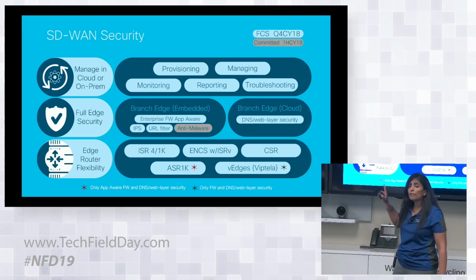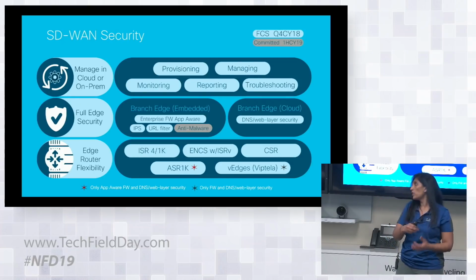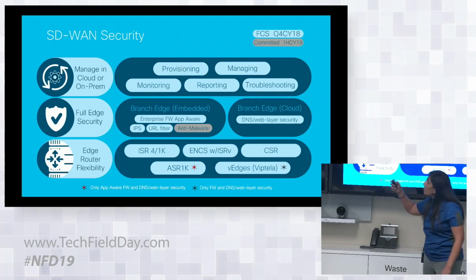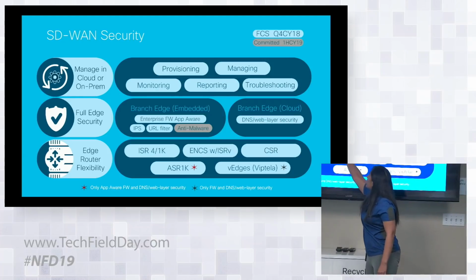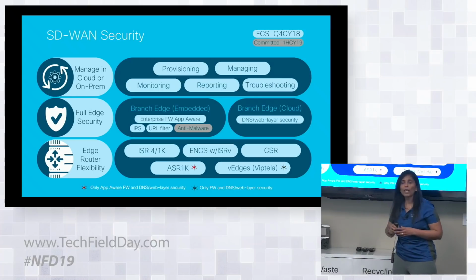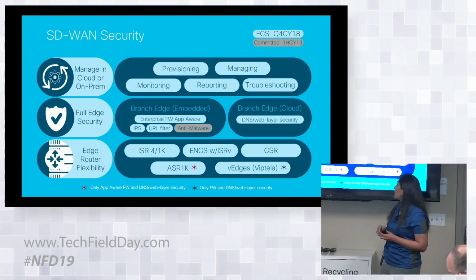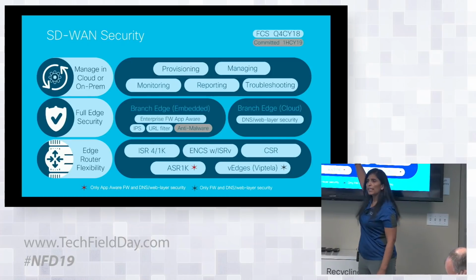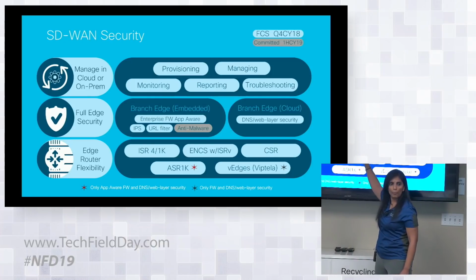Now, the security features, the embedded on-box features, I call them out. I don't have a laser pointer, but what you see in this bubble, that's the enterprise firewall that's application aware, IPS, URL filtering, and advanced malware protection. Are you all able to see the color difference here in this bubble?